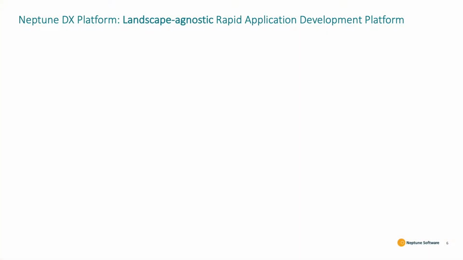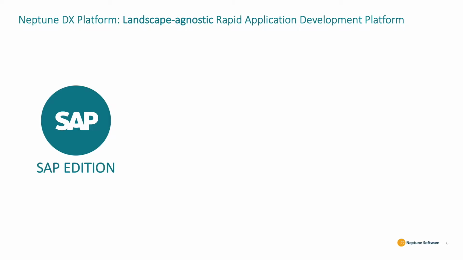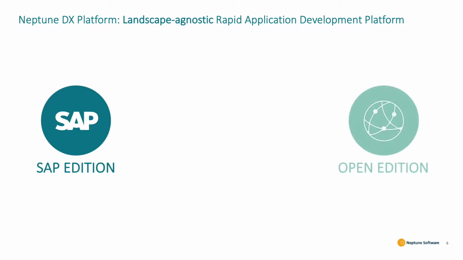The Neptune DXP is a landscape-agnostic rapid application development platform. This is achieved through 2 distinct modules. There is an SAP Edition module, which is the only low-code platform certified to sit directly inside the NetWeaver stack. And to complement this, there is the Open Edition.